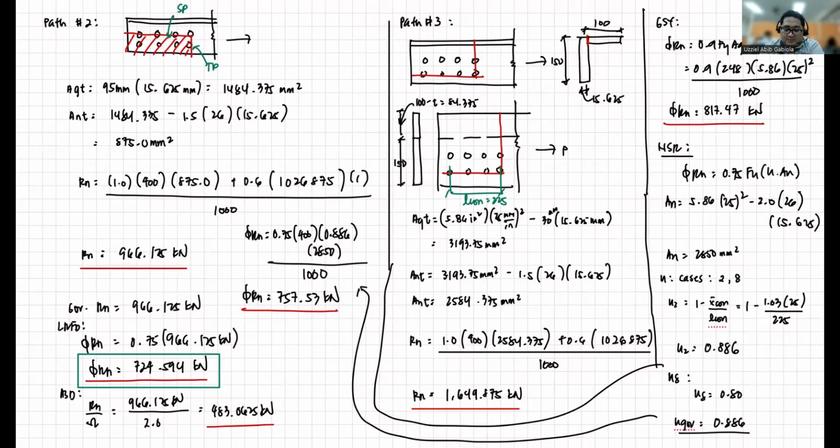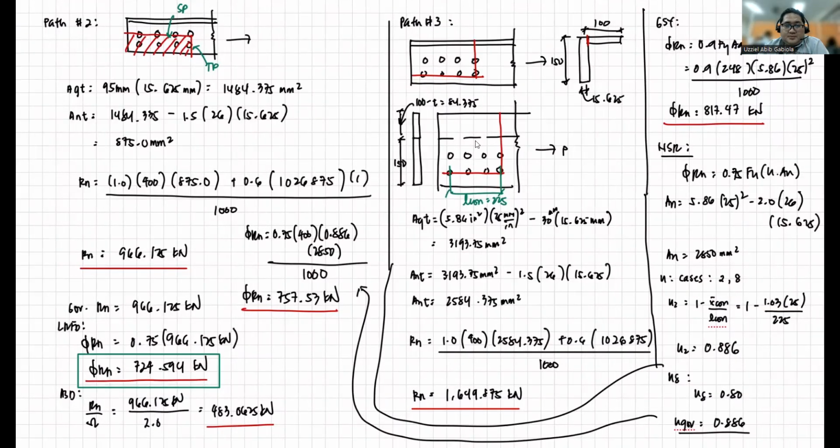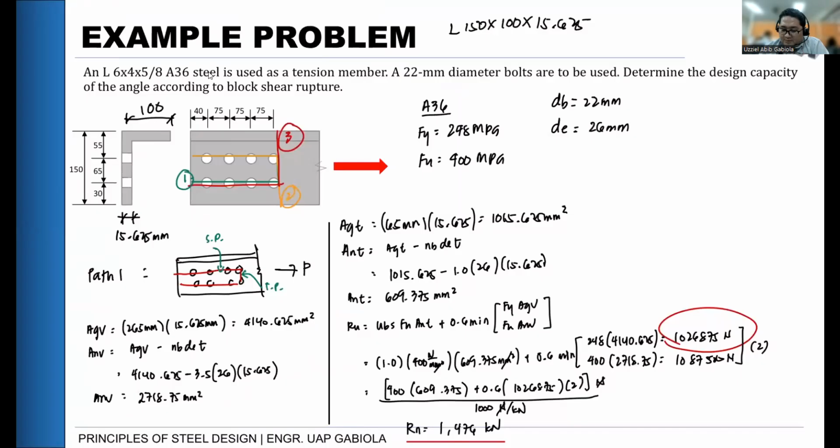And then the block shear rupture or block shear strength of the connection natin. Okay? So, ayan po. Question po? Okay? So, ayan po yung sagot dito sa problem na to.